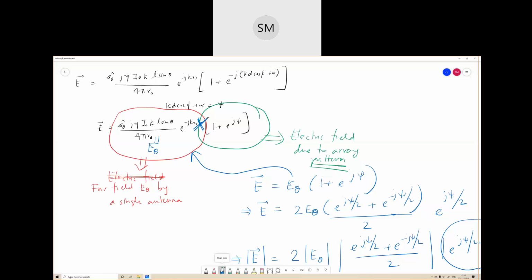Exactly. Rather than group pattern, I would say array pattern. Other than that, you are absolutely right. All of you agree?